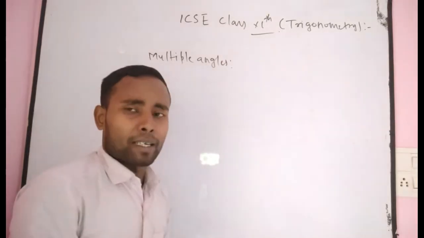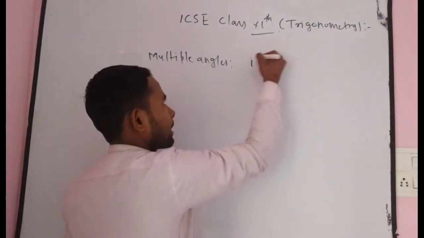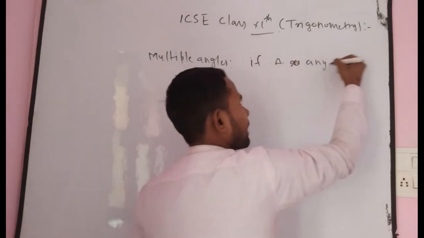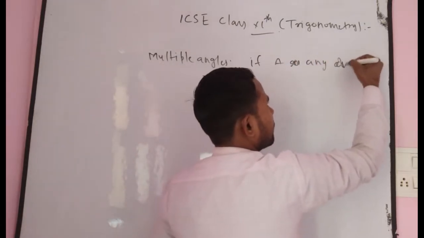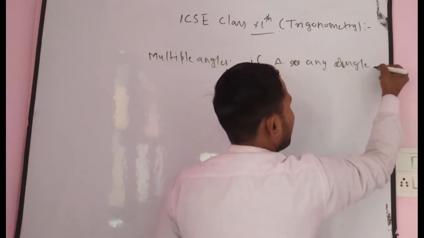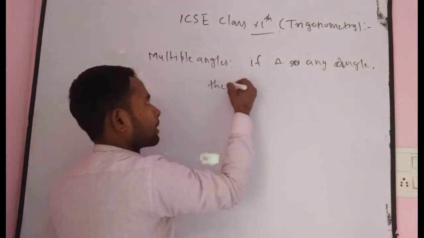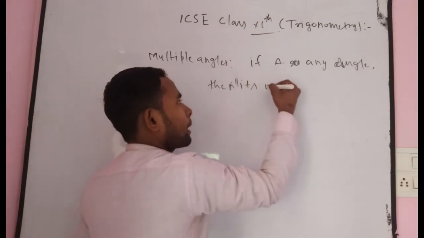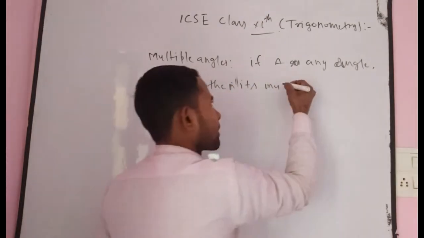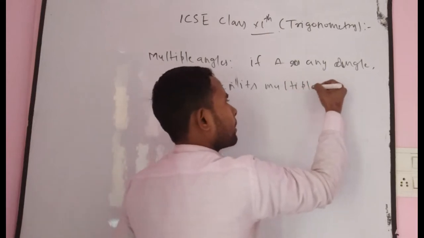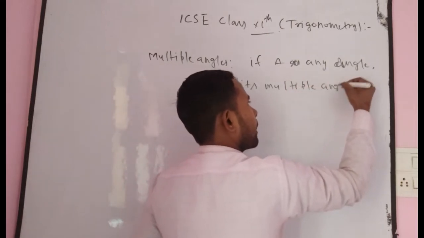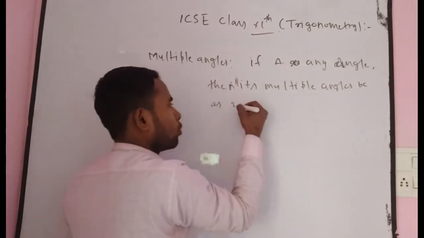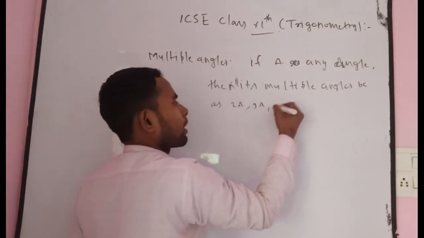Multiple angle means that if A is any angle, then its multiple angles are 2A, 3A, 4A.